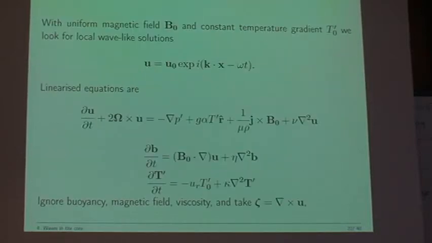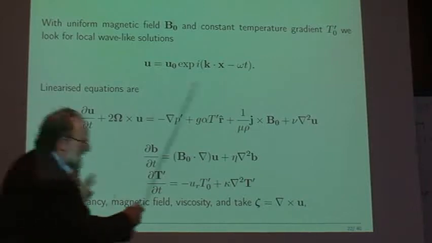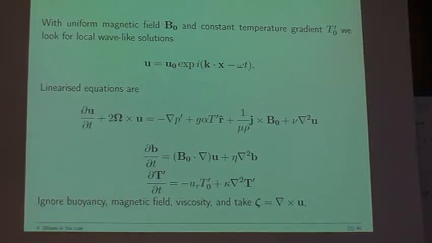So now I wanted to talk a little bit about waves in the core, which is a natural development of this. We've already thought a bit about Rossby waves. So let's now take those equations that we have, the convection equations, and instead of solving them in a global situation, let's suppose we're locally at one little point, and we'll just look for wave motion.